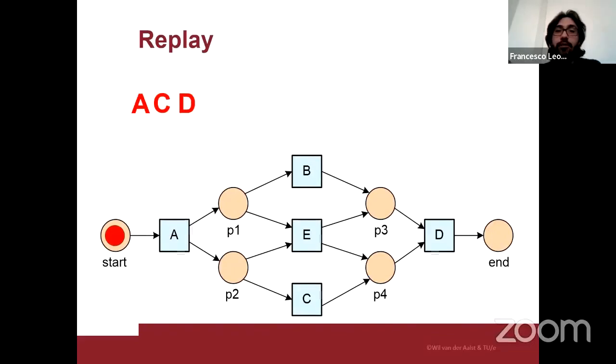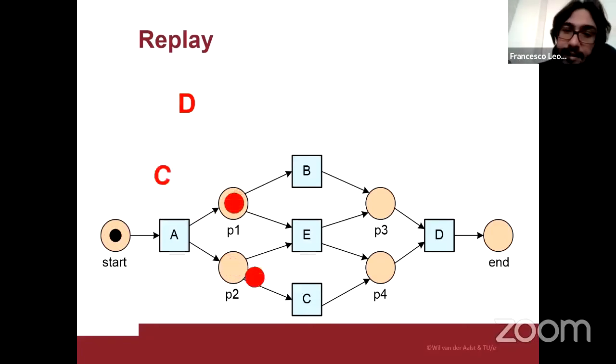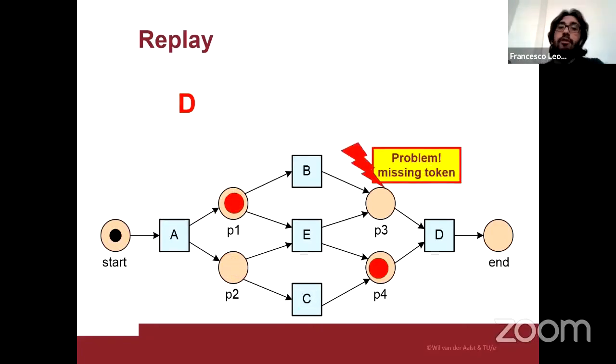Here we see from the system the trace ACD. Well, the trace ACD cannot be reproduced in this model. Here we have a problem called missing token, which is something very related to the formalism here, which is Petri nets. But the idea is that the trace that we have seen in reality, that the process management execution system stored inside our database, simply cannot be reproduced.